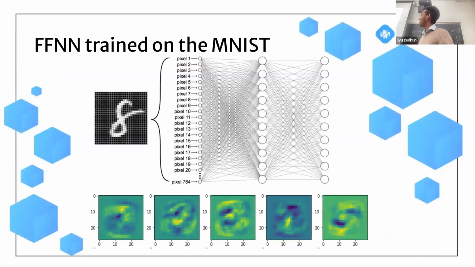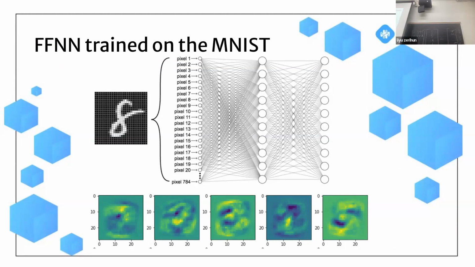So this is an example of an FNN trained on the MNIST. I know Suarez explained what MNIST is. It's basically a vision data set, and this is one example of the digit 8. The number of pixels in this image is around 784, a 28 by 28 image. For an FFNN, we take all the pixels and put them through all the hidden layers.